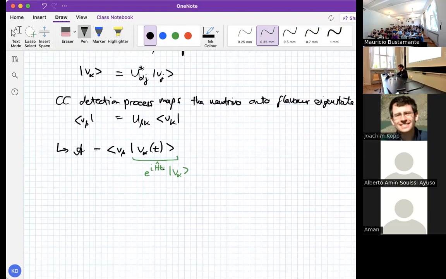Now, the Hamiltonian is a matrix. In this case, it's a matrix in a 3x3 flavor space. So in order to make progress here, well, we need to go to a basis in which that matrix is diagonal, and that is precisely the mass basis. So let's write ν_α in the mass basis, and let's also write ν_β in the mass basis.